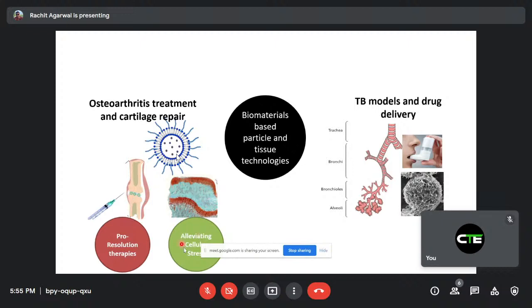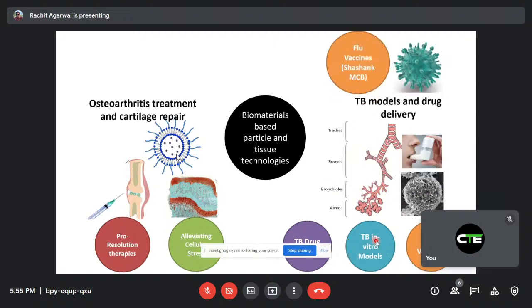In another prong of our approach, we are looking at treating the cells present in the cartilage, chondrocytes, as precious, and if we can remove the stress that they are feeling and enhance their survival as well as production of the matrix. On the TB side, as I was mentioning briefly, we are looking at TB drug delivery, TB vaccines, and also developing some in vitro models of TB, especially of the hypoxic granulomas that are known to be present.